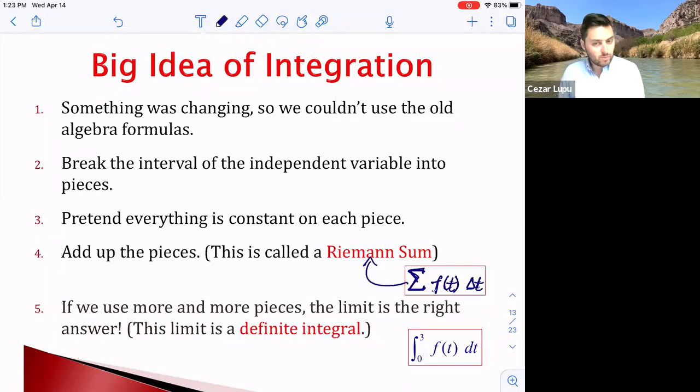But anyway, I'll explain a bit more. If we use more and more pieces, the limit is the right answer. So this limit is a definite integral. In other words, just like Jonathan said directly, it is nothing else than the integral of v of t dt.